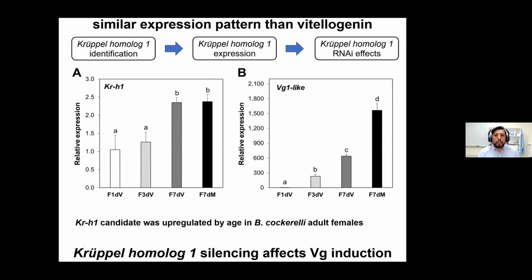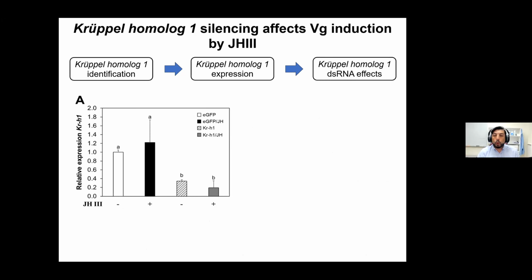So we designed an experiment in which we fed the insects for 24 hours with double-strand RNA to Krüppel, and EGFP as the control.